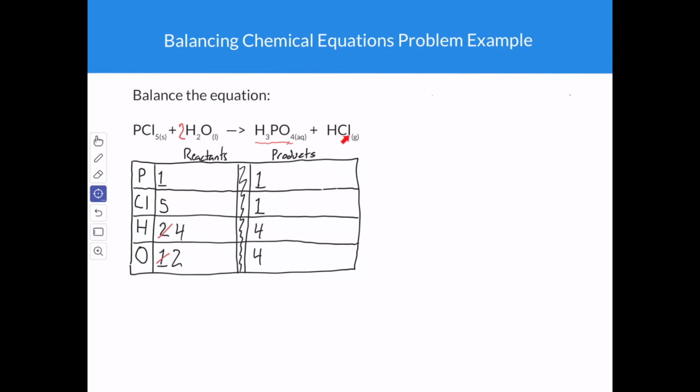So the only thing to do to balance that out would be to put a coefficient of 5 here. Okay, so I put a coefficient of 5 there. I've changed my amount of chlorines on the product side to 5. But what have I also changed? Well, I've changed my hydrogens again, so I'm going to need to go back and fix that.